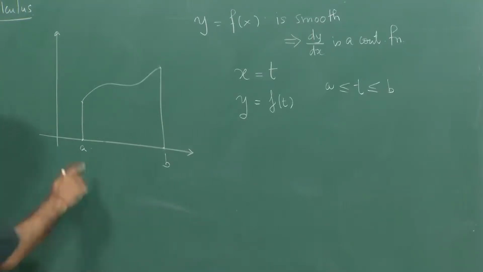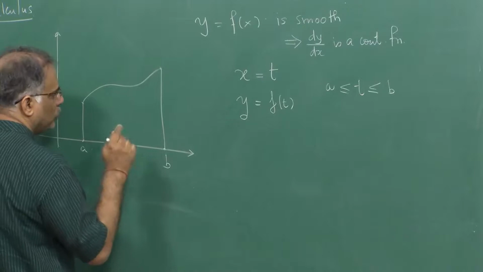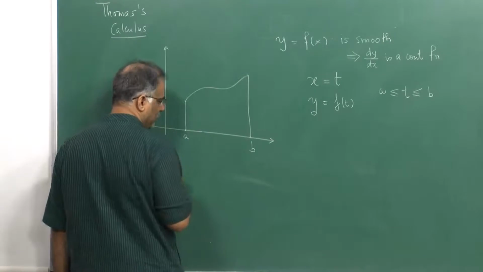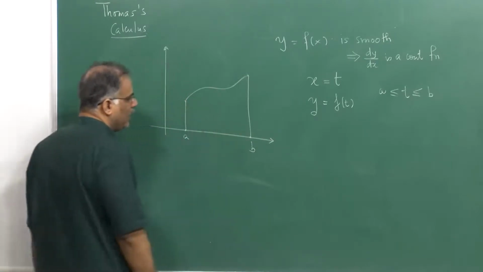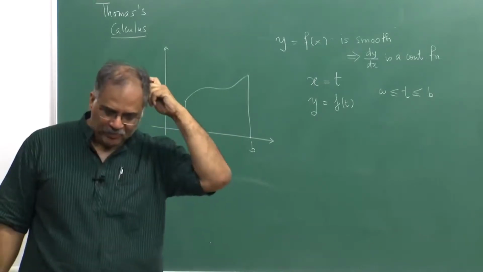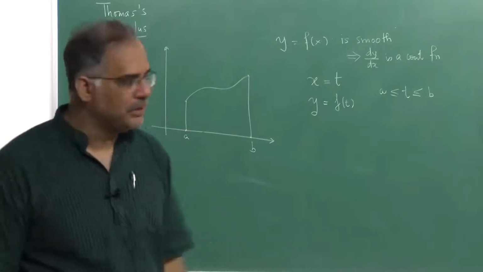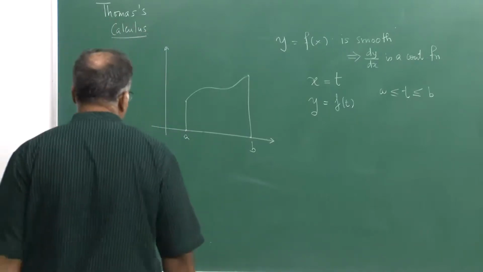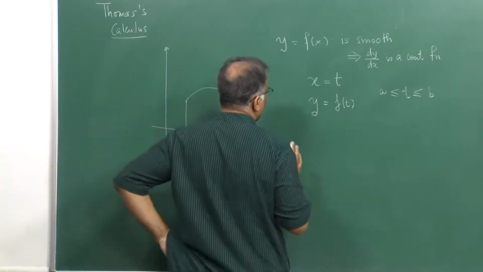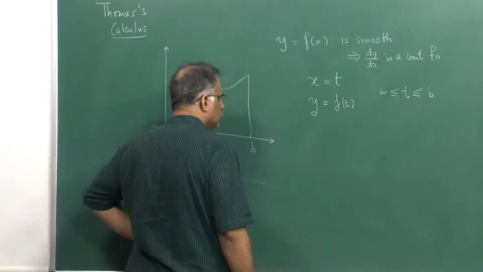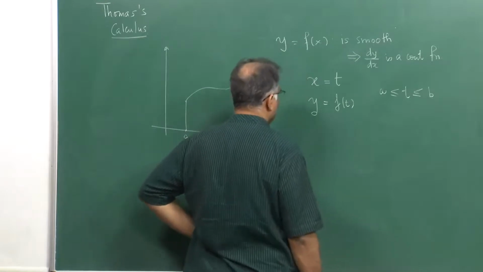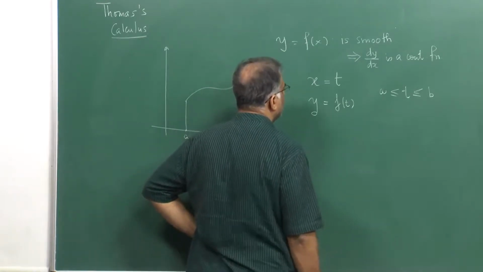Another could be that I take the derivatives at the end points to be only one-sided derivatives: the right hand derivative when you come to A, and the left hand derivative when you go to B, and as functions in that sense these are continuous. You can look at it in either way.